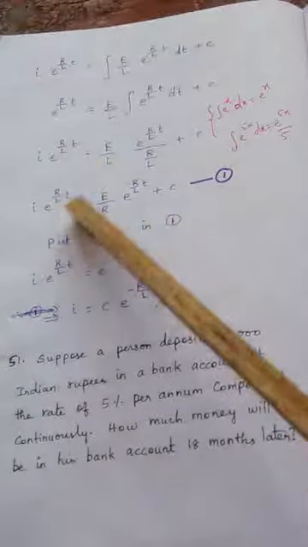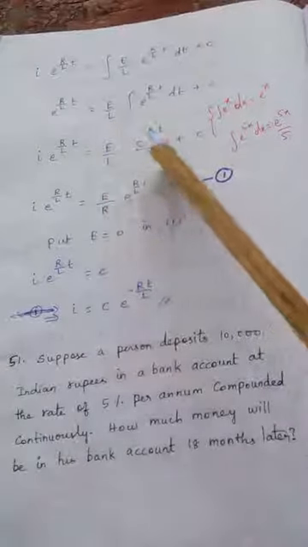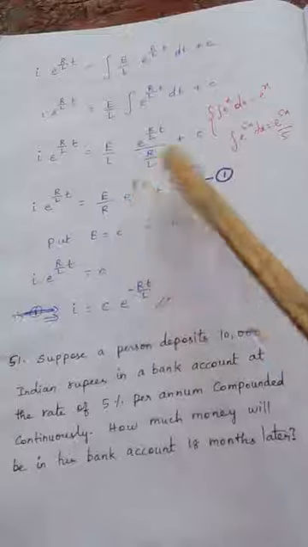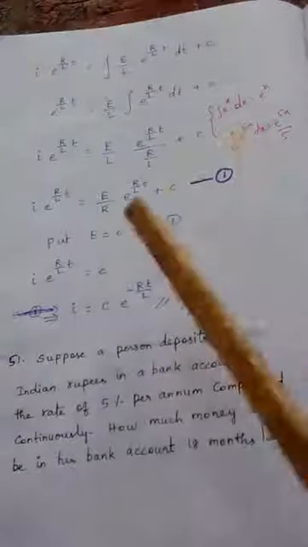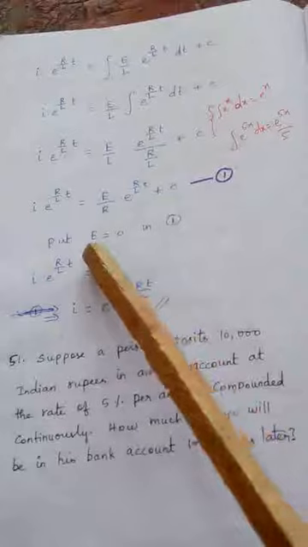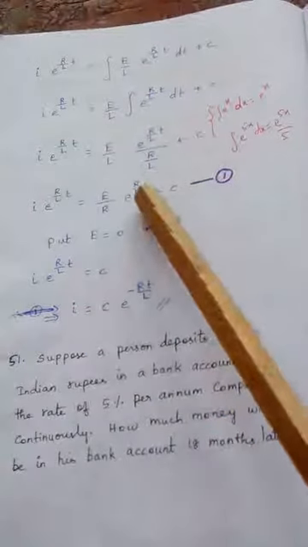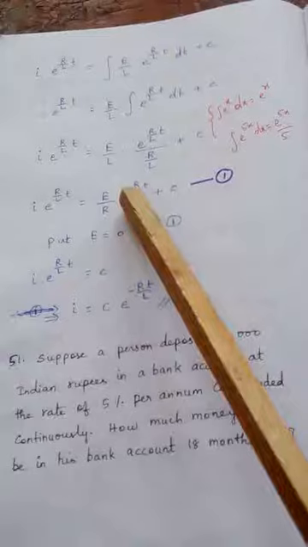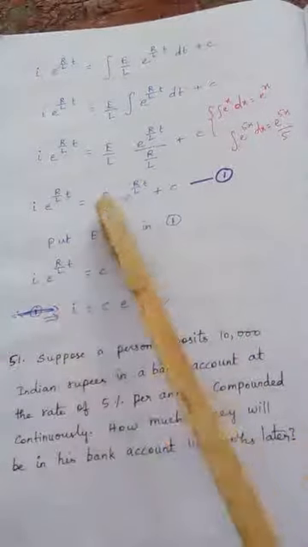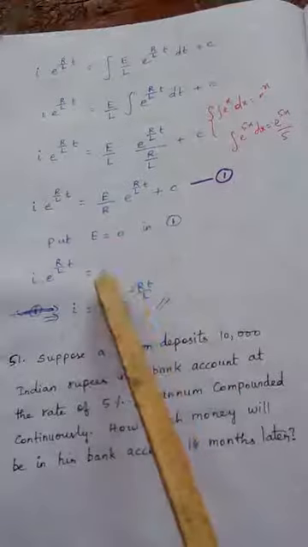Now this equals E. If I take this to the numerator, L will get cancelled. So E by r, e power r by l t plus c. Our aim is to find current I when E equals 0. So putting E equal to 0 in the first equation, since E is 0, the first term fully becomes 0, so only c remains.